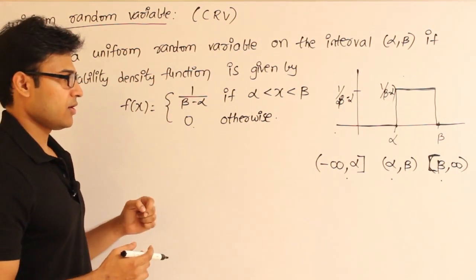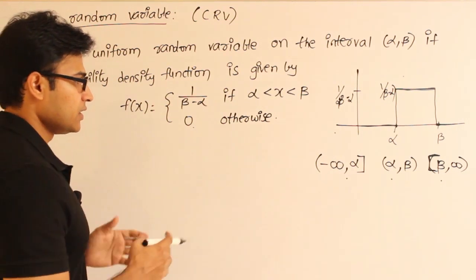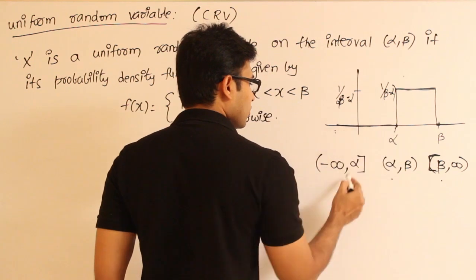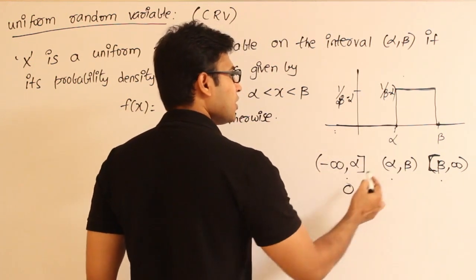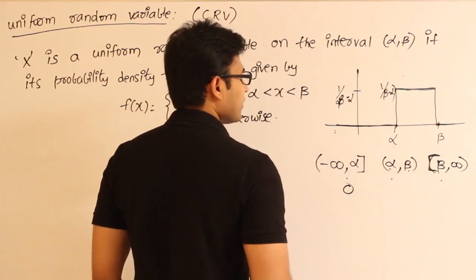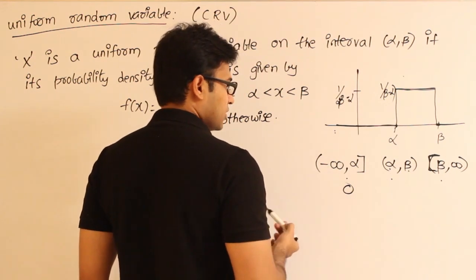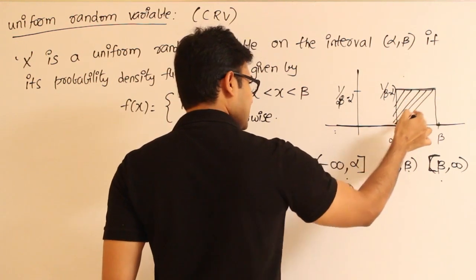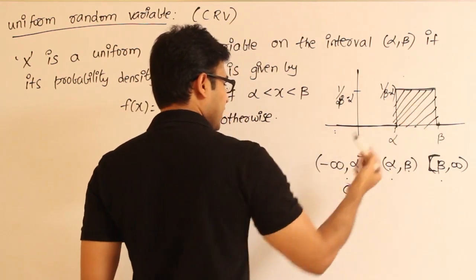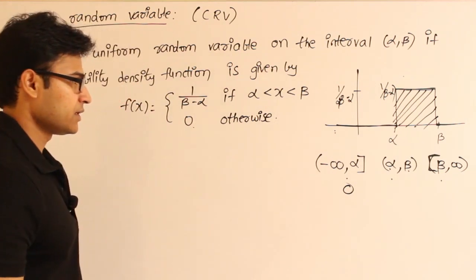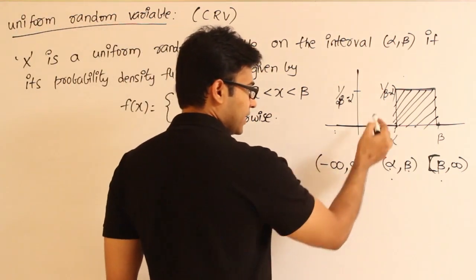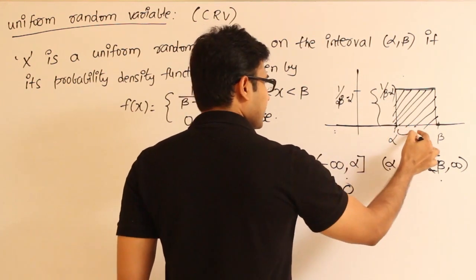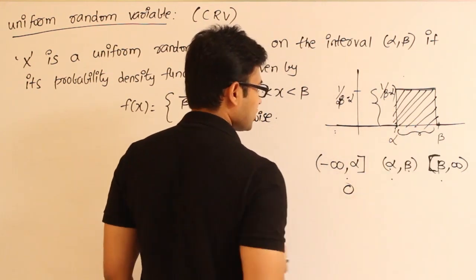Now let's try to find out the probability in each of these areas. From minus infinity to alpha, the probability is 0. From alpha to beta, the total probability of this random variable is going to be this area. Now what is the area? It looks like a rectangle, isn't it? For this rectangle, clearly the height is 1 by beta minus alpha, and the breadth is beta minus alpha.